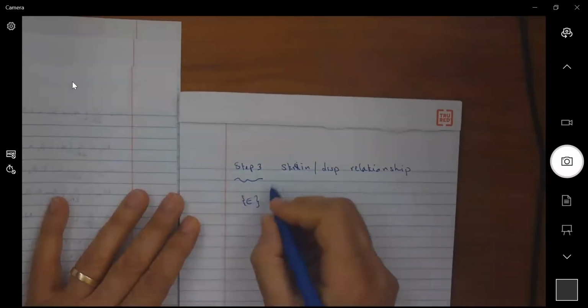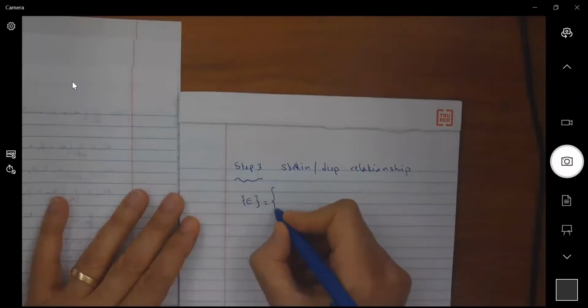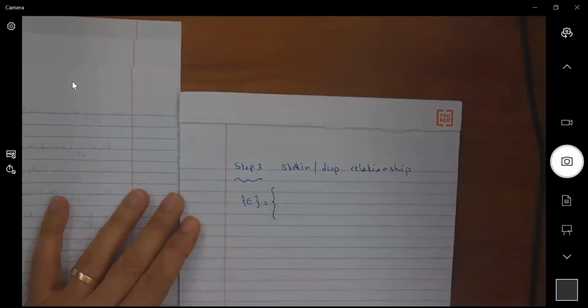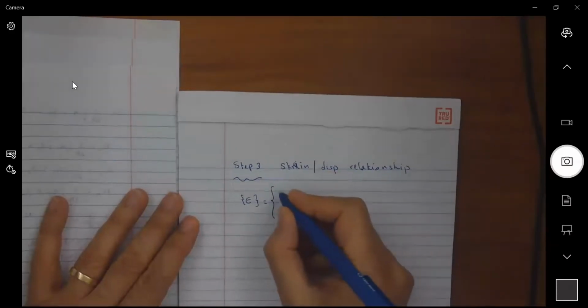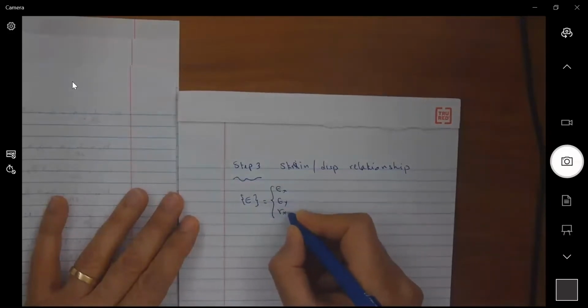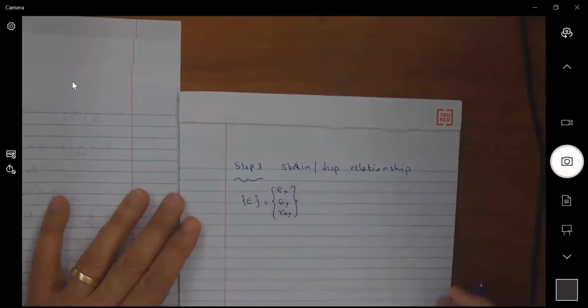The strain epsilon, or the strain tensor, may be described by epsilon x, epsilon y, and gamma xy.